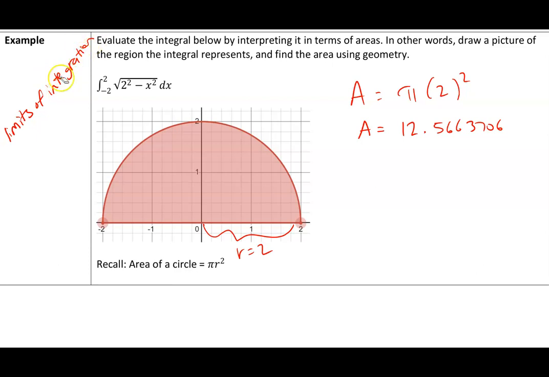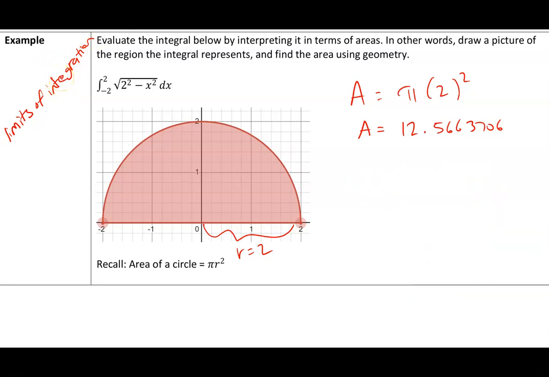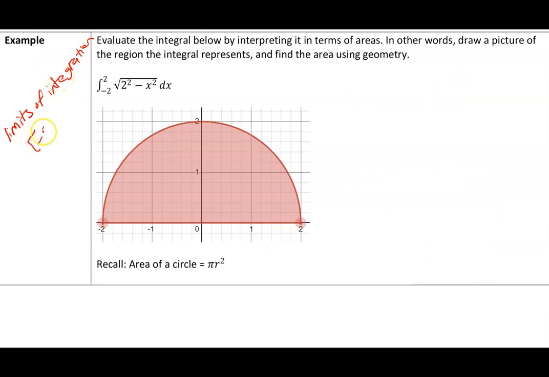Sorry for the bad writing. The limits of integration are -2 and 2. Okay, so we basically want to find the area under this curve between -2 and 2.